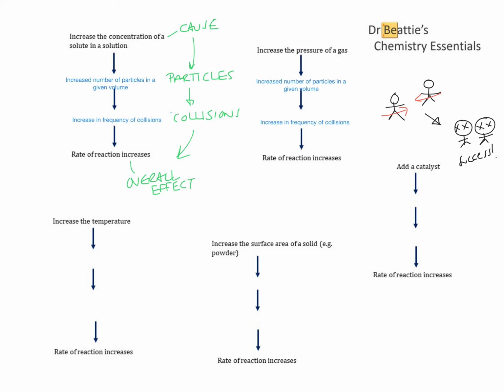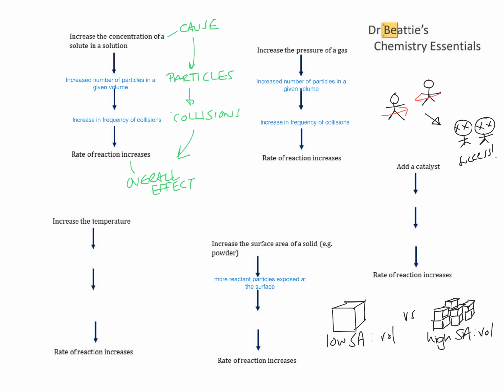So we've looked at basically aqueous solutions. We've looked at gases. Next, we're going to look at the idea of a solid. Now, surface area only applies to solids. And if we take this cube, which has a particularly low surface area to volume ratio, but we were to increase the surface area of a solid, then more reactant particles are exposed at the surface.